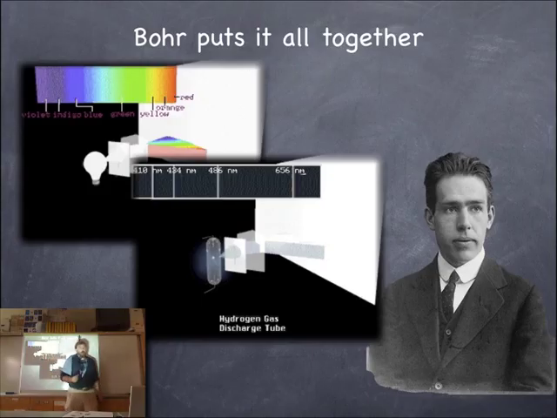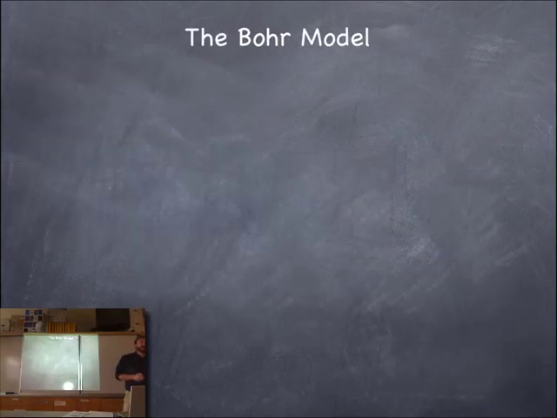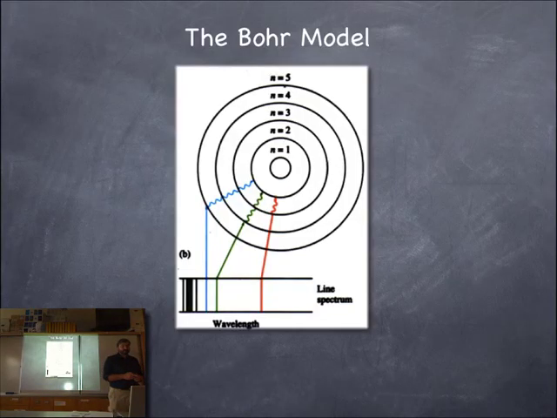But it's Bohr that puts that idea together with this quantization idea and with ideas about electrons inside of atoms, and their orbits. Remember the orbits idea from Rutherford? It's Bohr that puts this all together to explain why you get only particular colors of light emitted from hydrogen.